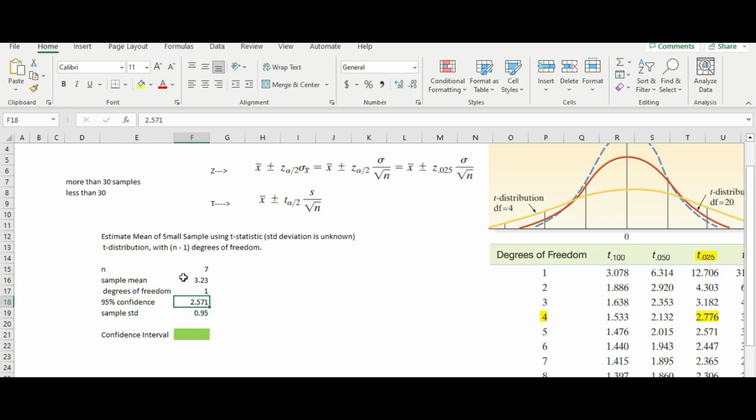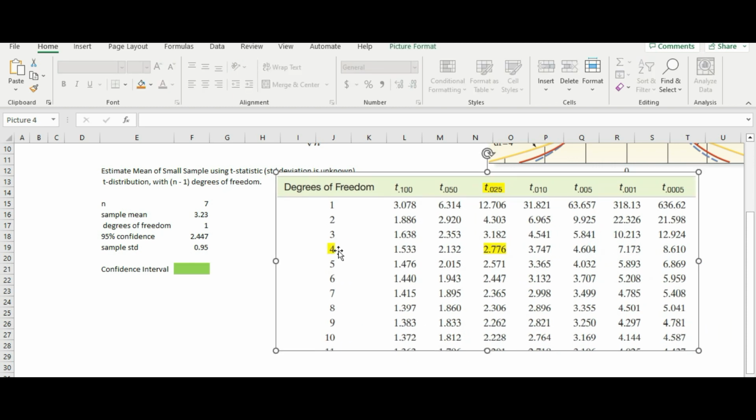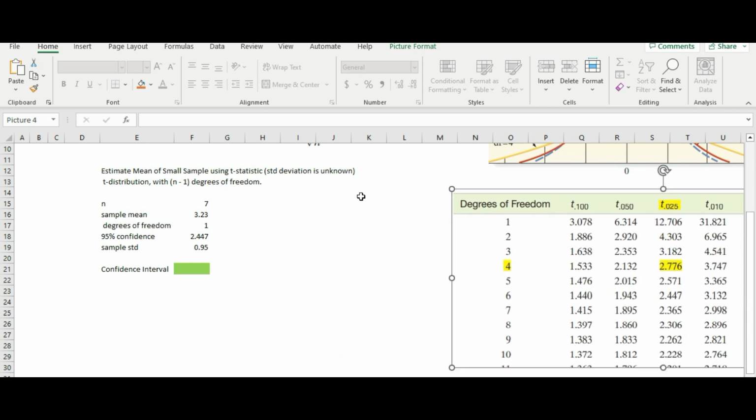For 7 minus 1, the degrees of freedom is 6, so the t-value for 95% confidence is 2.447. That's how we use it.